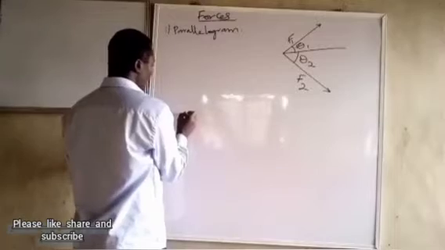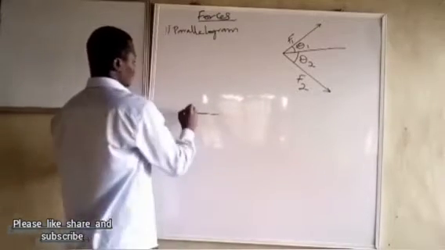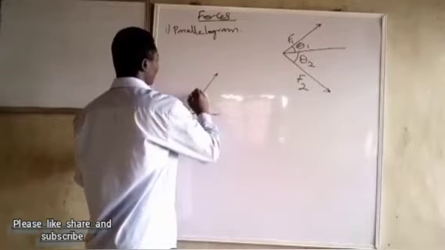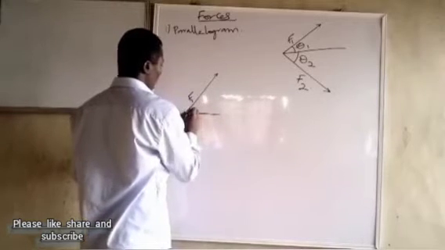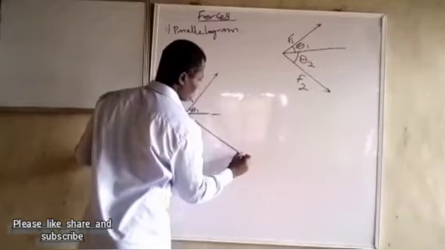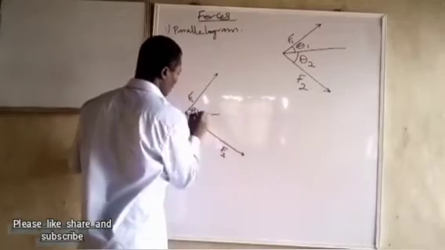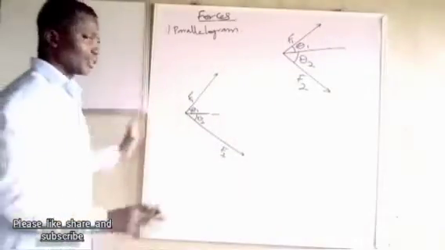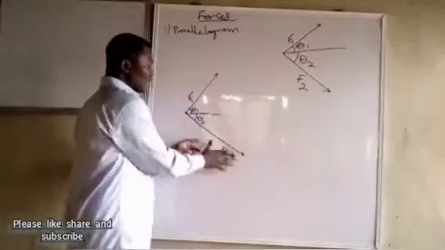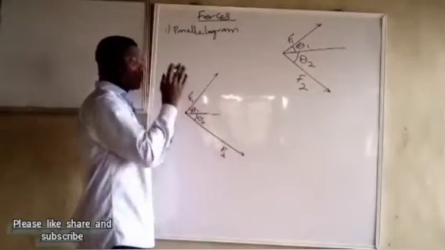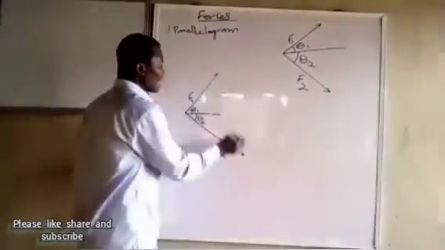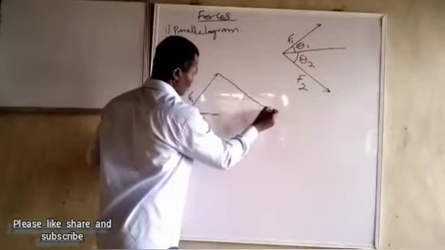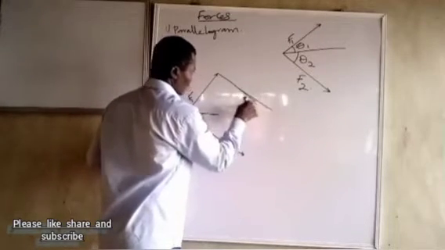The first thing is how your base is here. This is F1, theta 1, F2, theta 2. So they can be of any sizes. The direction can be anyhow. Since you have drawn these two, you will now complete the parallelogram by drawing parallel sides to each of these forces.